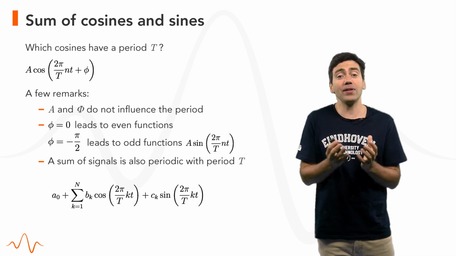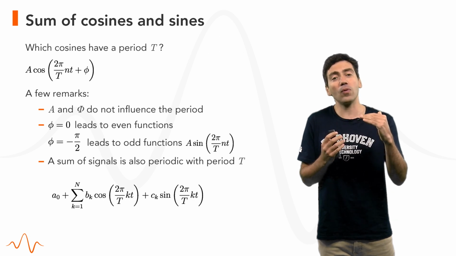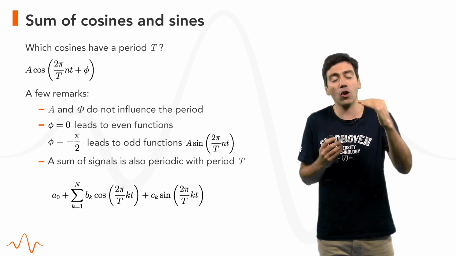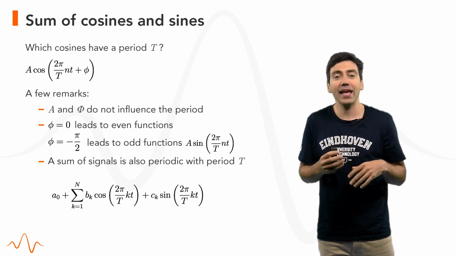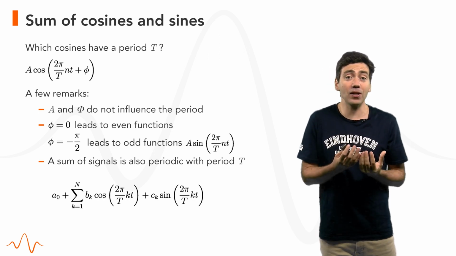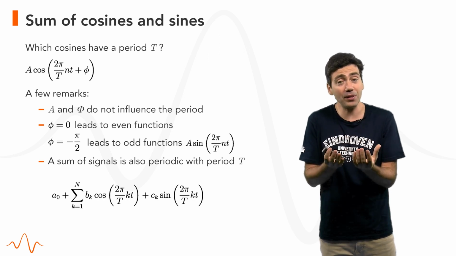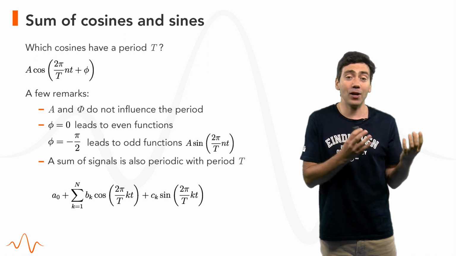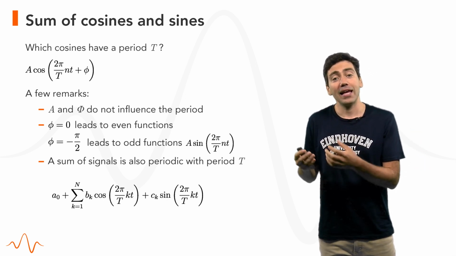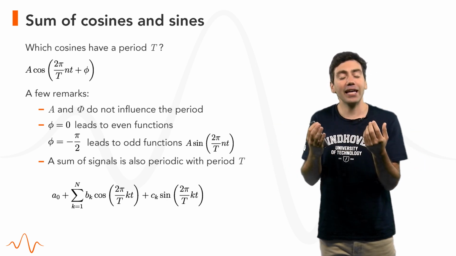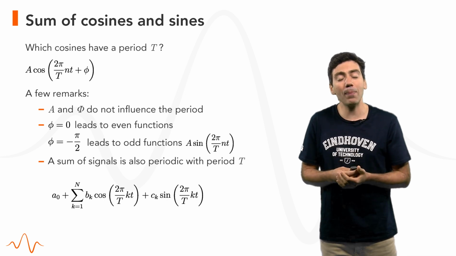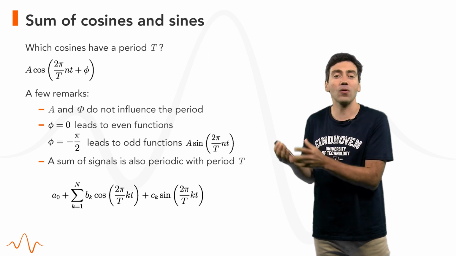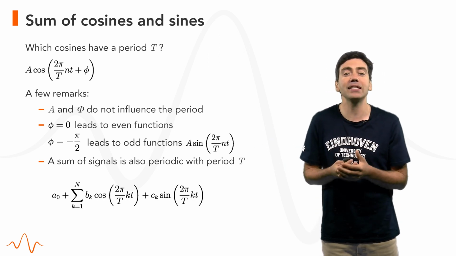Now, given an arbitrary signal, the A naught will allow us to represent the shift along the signal axis, and that arbitrary signal can be partitioned, as we discussed earlier on, into an odd and an even part. The cosines can allow us to represent or to approximate the even part, and the sines allow us to represent or approximate the odd part.